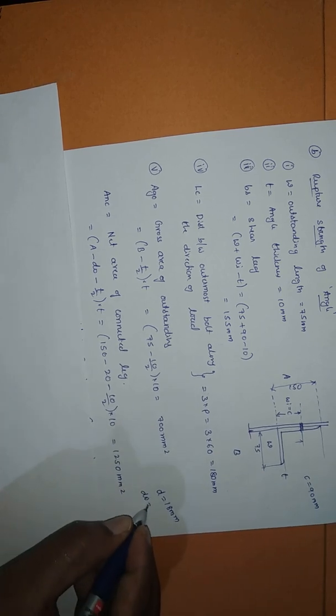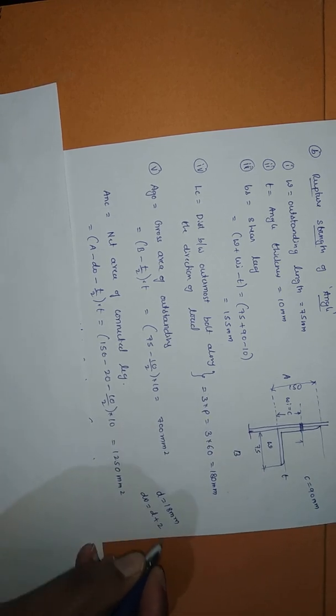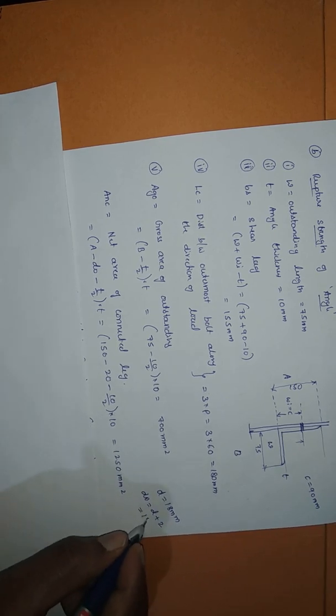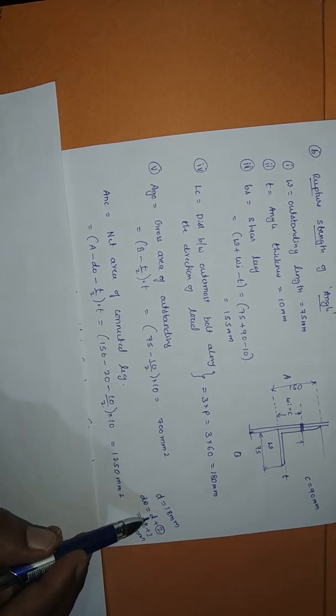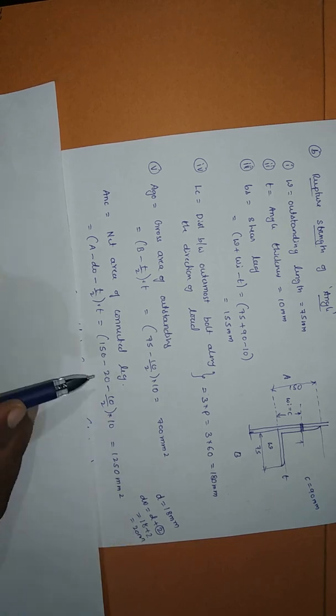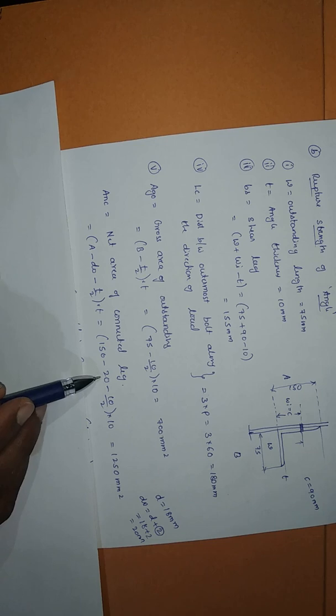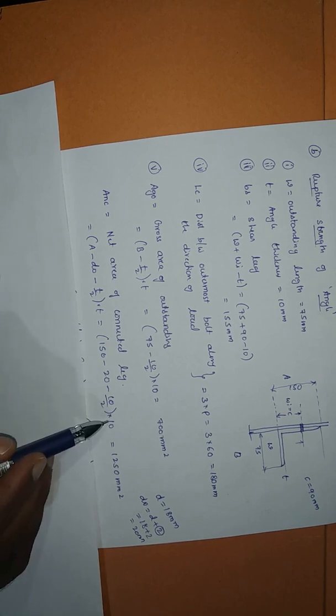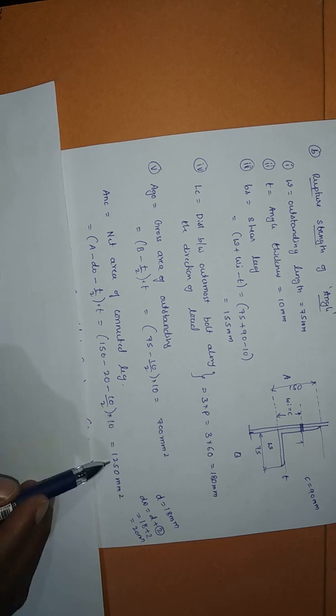D naught is the diameter plus hole clearance of 2 millimeter, 18 plus 2, we get 20 millimeter. D naught is 20 millimeter. Then ANC is (A minus D naught minus T by 2) multiplied by T, with T being 10 millimeter. The final value will be 1250 millimeter square.